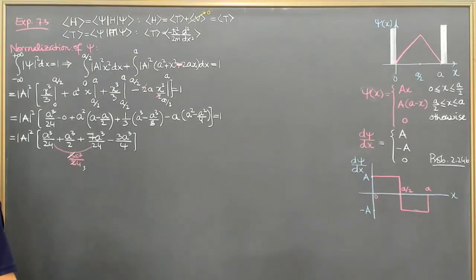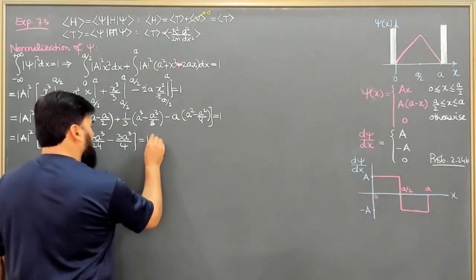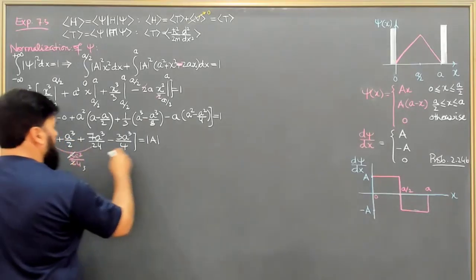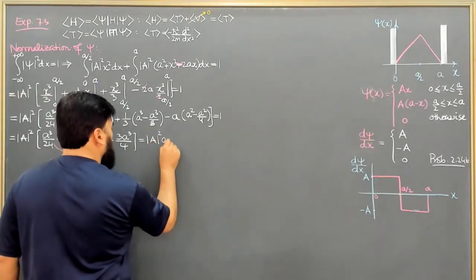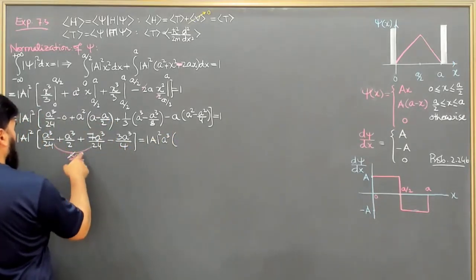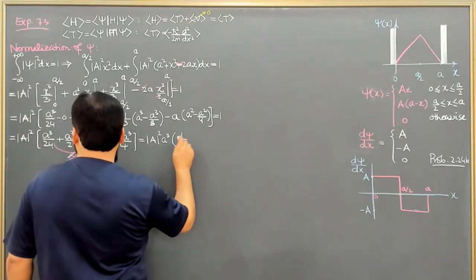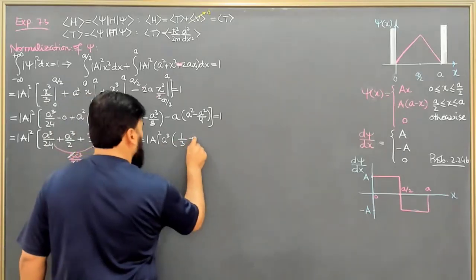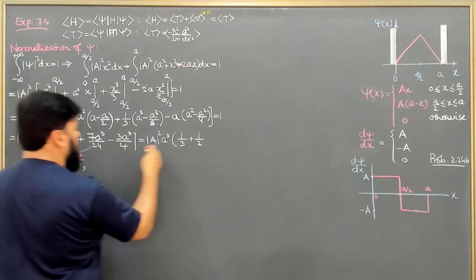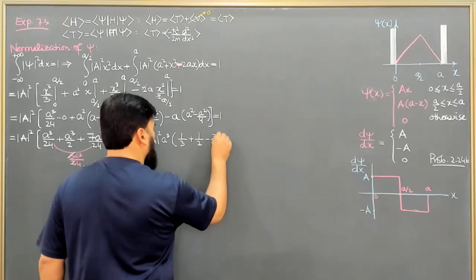So we have a³ over 3, this is |a|², and a³ is coming with all, so I can take a³ as common, and then what is left here, 1 over 3 plus 1 over 2, and this is already simplified, minus 3 over 4.